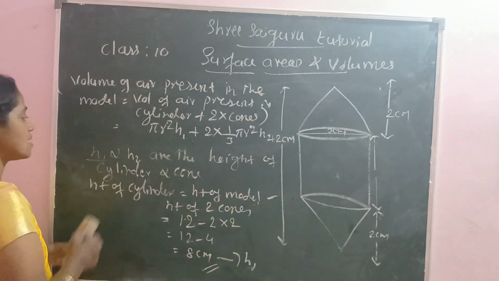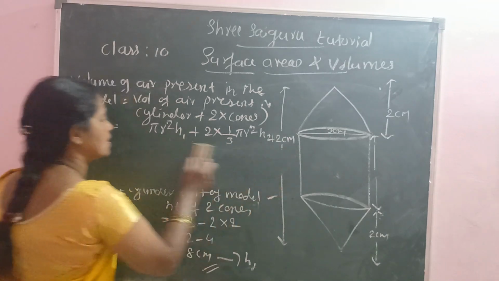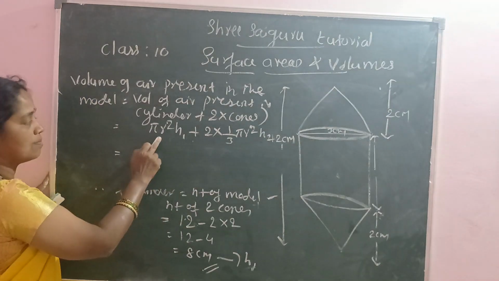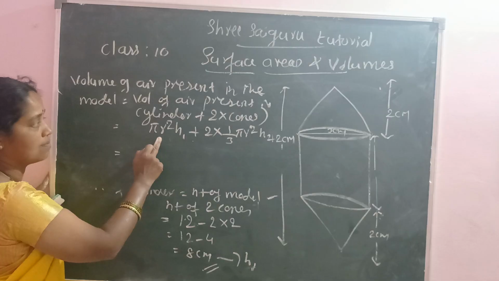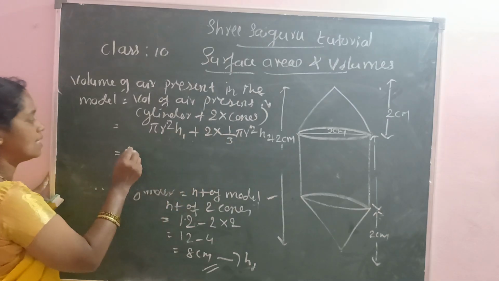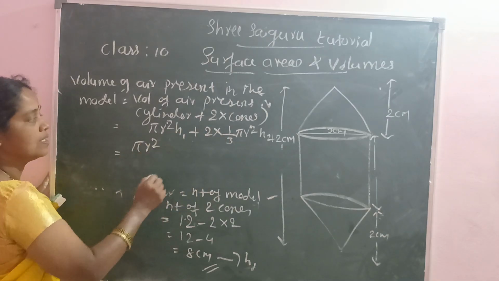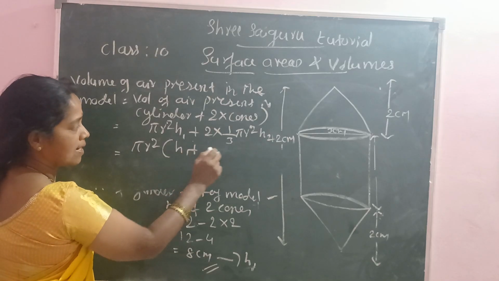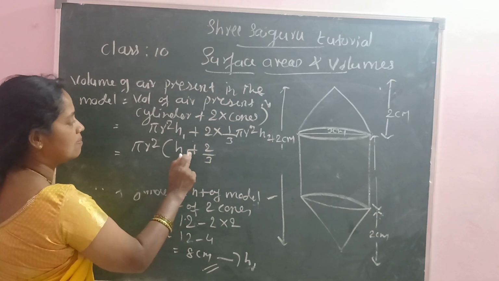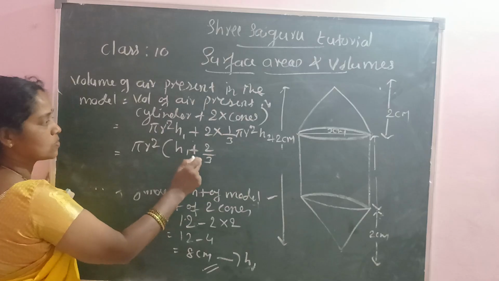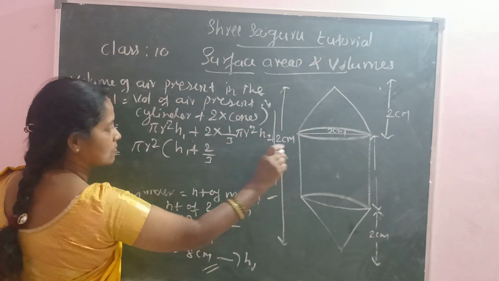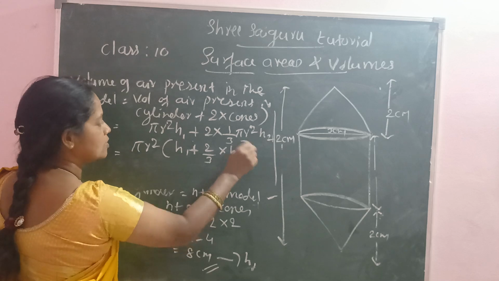Let us substitute everything here. See here what is common. Pi r square is common, I will bring it outside. Inside the bracket, h1 plus 2 by 3 into h2.